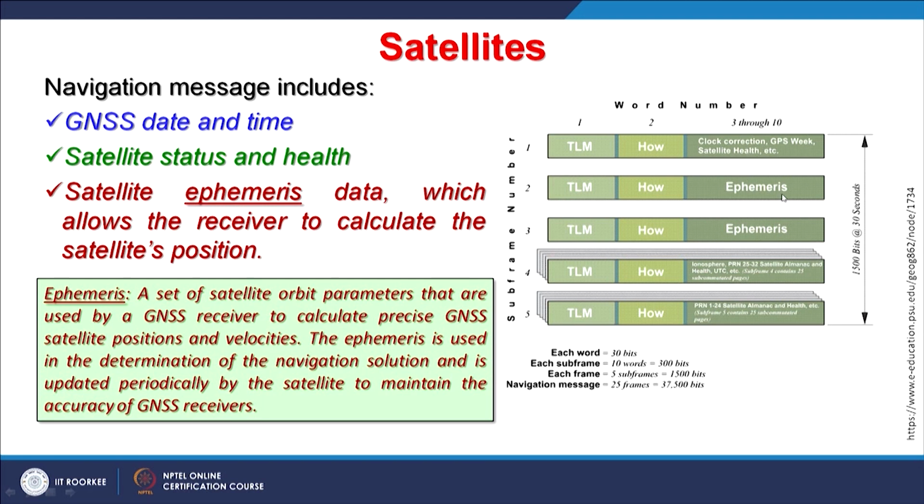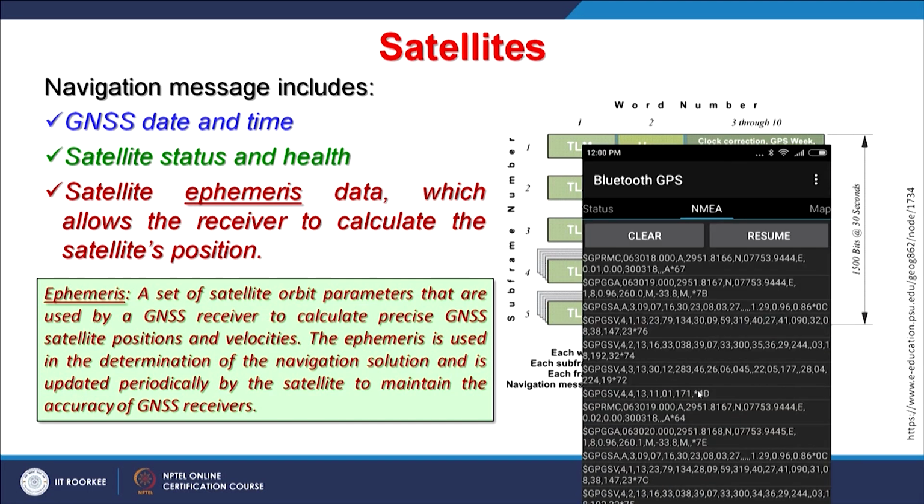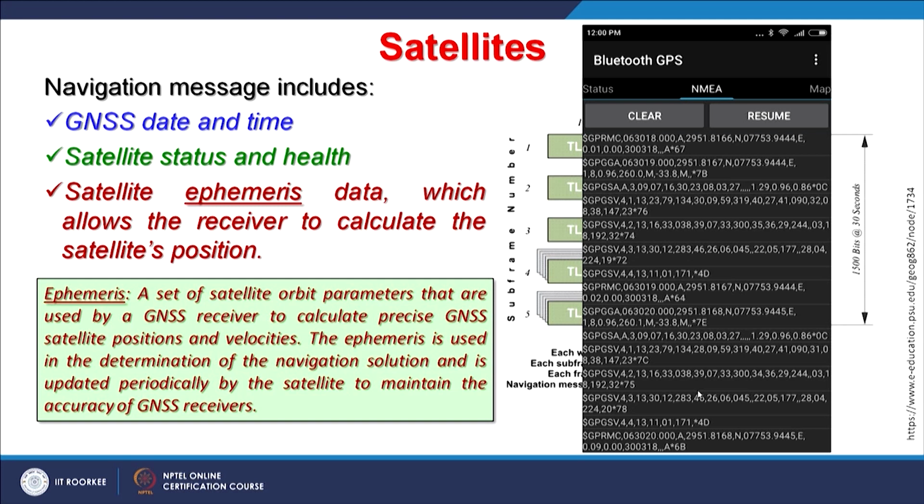Then next is ephemeris, another is ephemeris, and then there are some other signals also. As for how many bits of data: each word is 30 bits, each subframe is 10 words, that means 300 bits, each frame is 5 subframes, that is 1500 bits, and the entire navigation message will have somewhere around 37,000 bits.